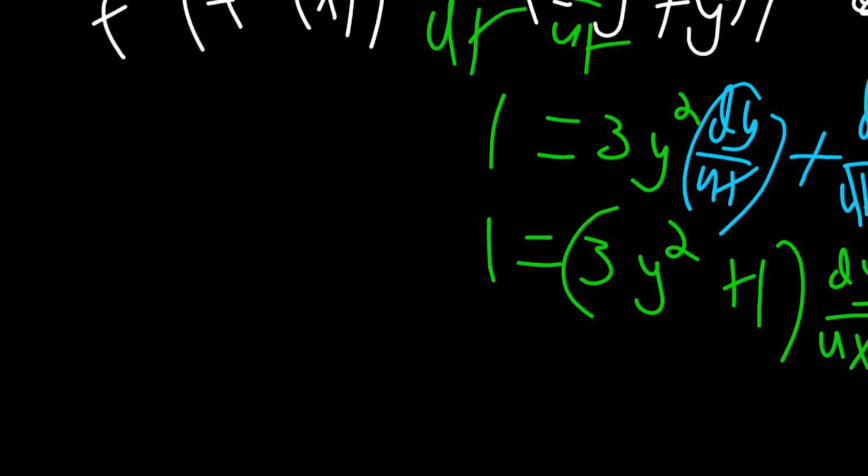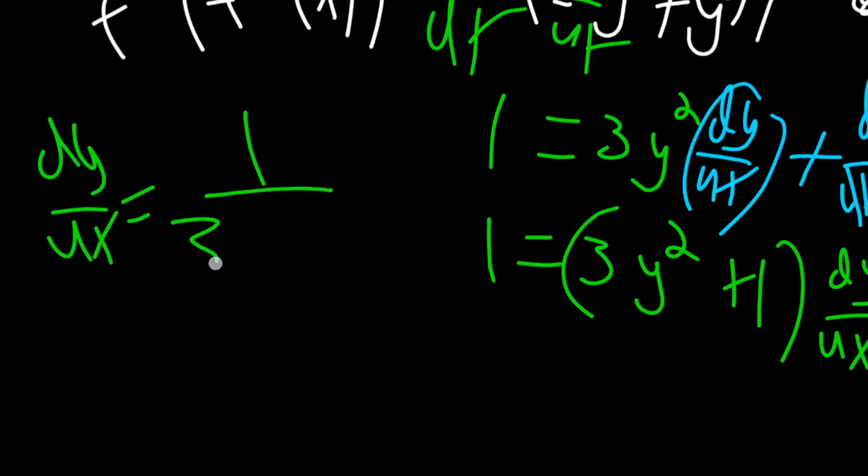Oh my goodness, would you look at that? We get our dy over dx equals 1 over 3y cubed plus 1.